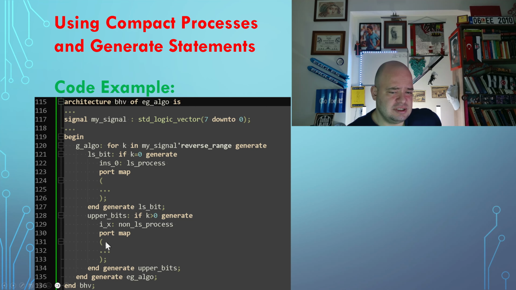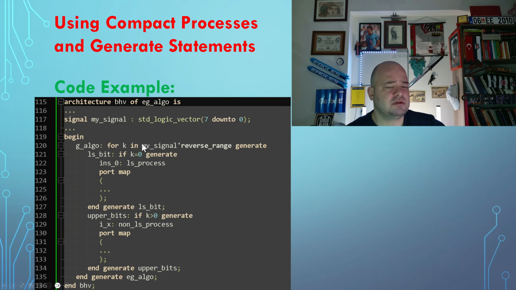But this kind of for generate, if generate statements shortens your code length, the number of lines you have. Also it improves the readability because you understand how these connections are actually constructed.